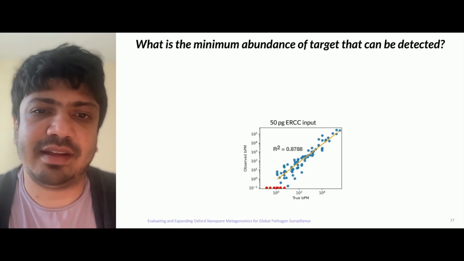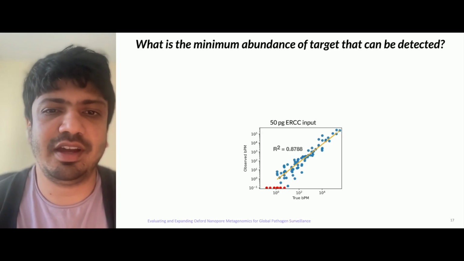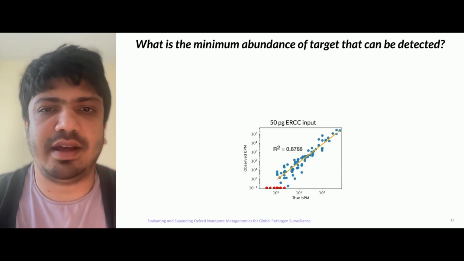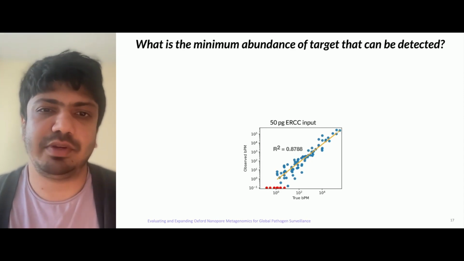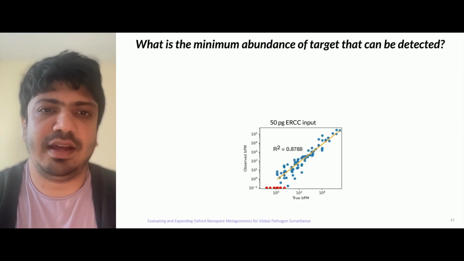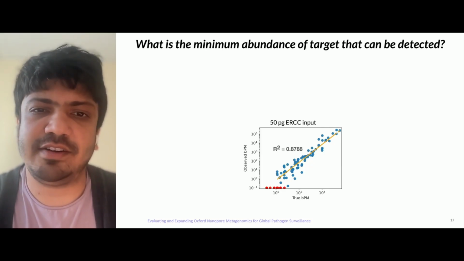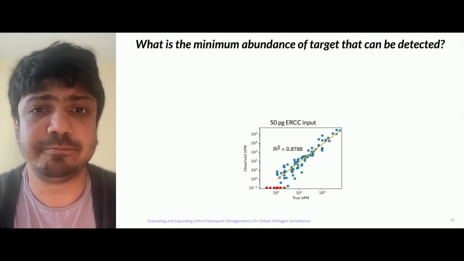On the x-axis is the true abundance measured in bases per million, and on the y-axis is the observed abundance. So this is what we see after sequencing. And as you can see, overall, the correlation is fairly good. There is greater variation at the lower abundances, which is to be expected.